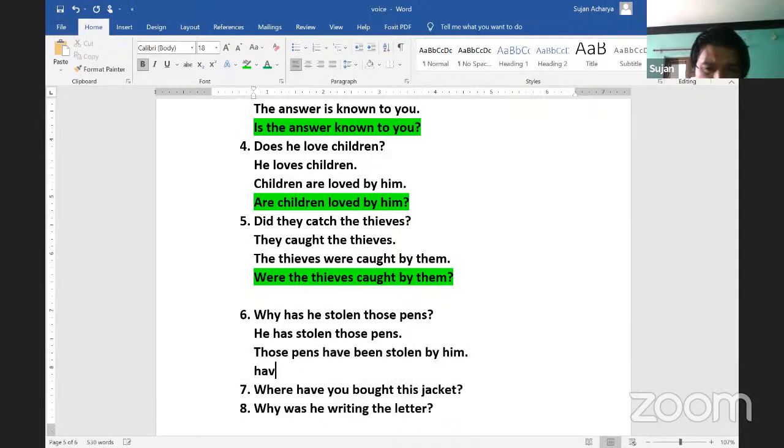Why have those pens been stolen by him? Those pens have been stolen. Have those pens been stolen by him?